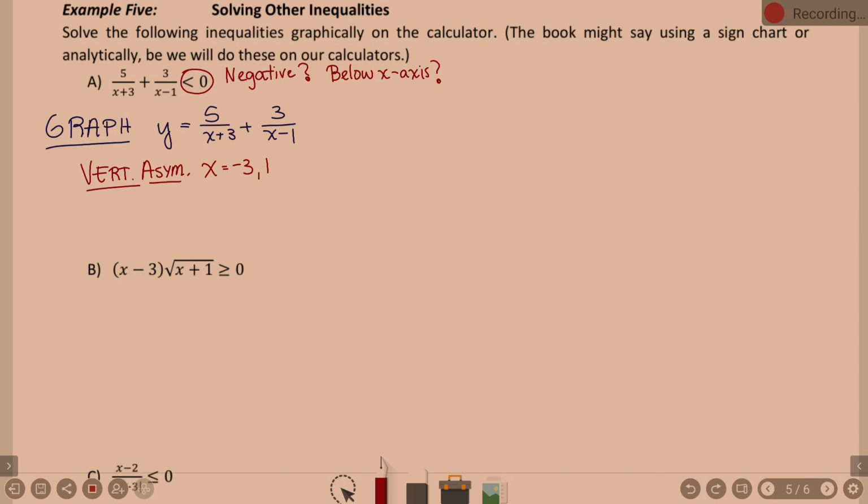Something like that. We had already discussed asymptotes at negative 3 and 1. Does that make sense? Are there 2 breaks in the graph? That's what I look at. I see a break at negative 3, a break at 1. I know for sure where those asymptotes are now.